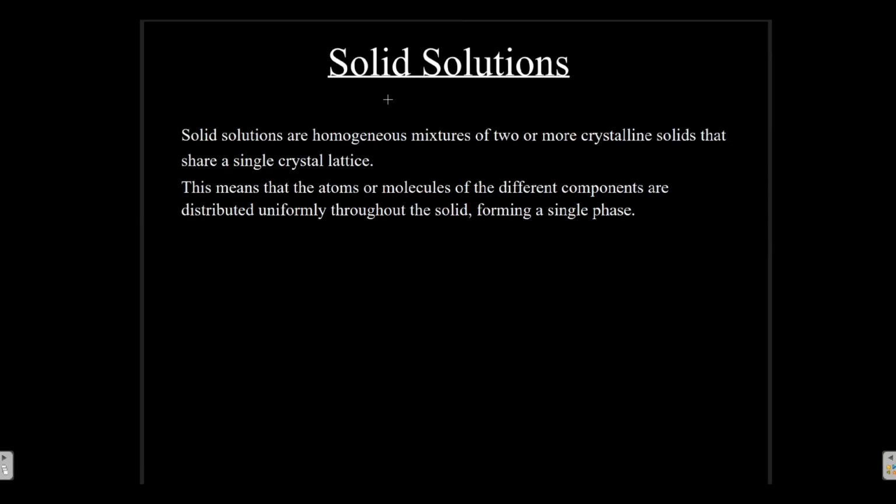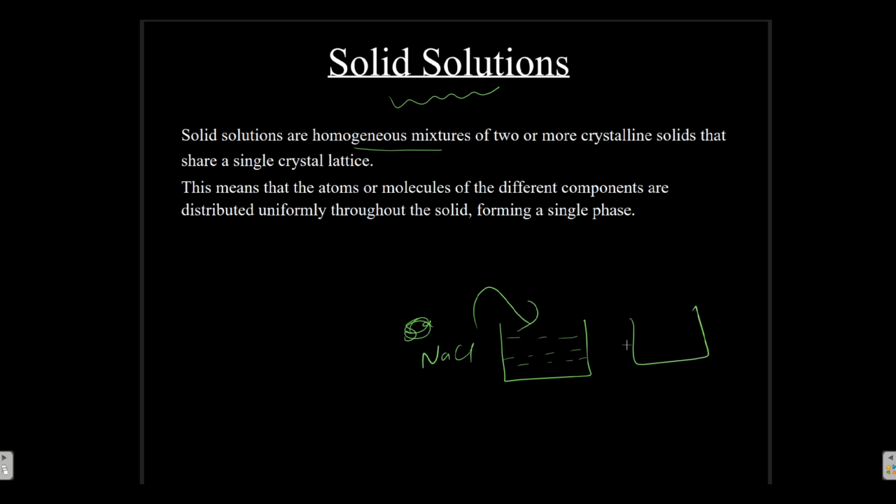So let's see what solid solutions actually are. First of all, we need to understand solutions. Solutions are homogeneous mixtures of two or more components, right? Suppose we take water in a beaker, and if we put sodium chloride in it, then what will happen? It will form a clear solution.